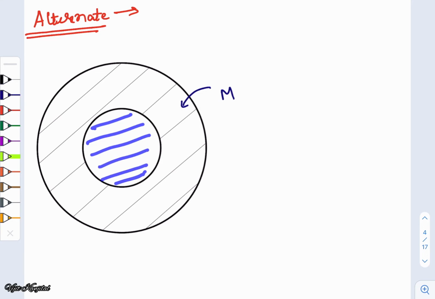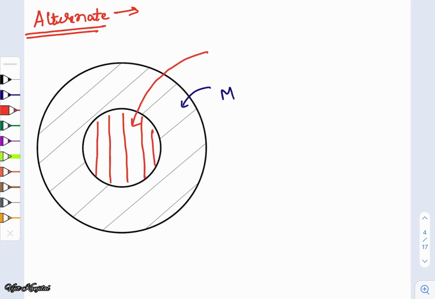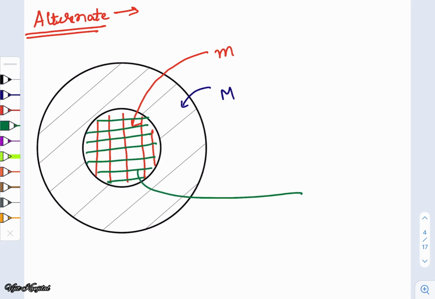Try to imagine that this section is filled up with a mass of small m, and at the same time it is also filled up with a mass of minus small m.